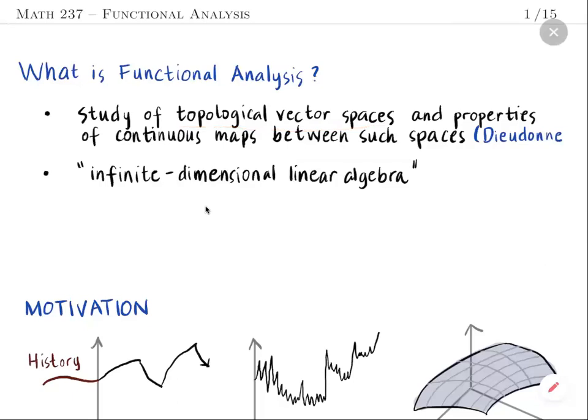And so here we have two keywords, topological and vector spaces. So functional analysis uses the main ideas of topology, that is the concept of open sets, and hence the concept of convergence, continuity, compactness, among others.